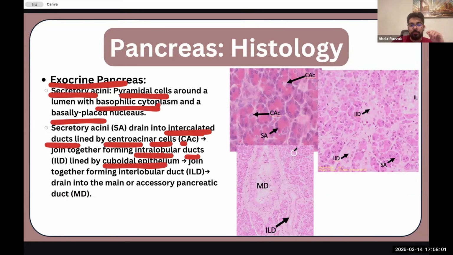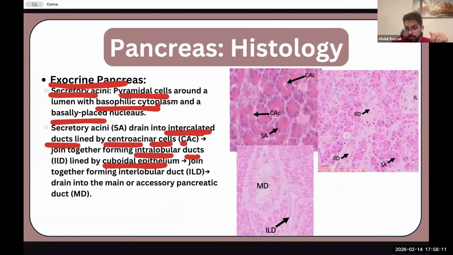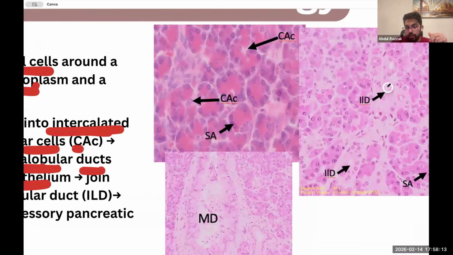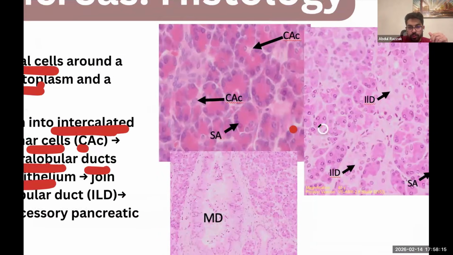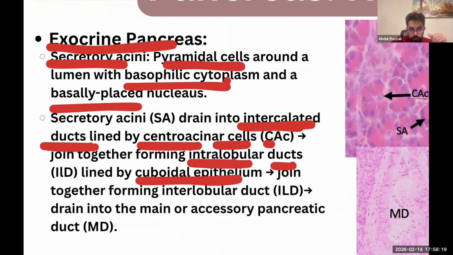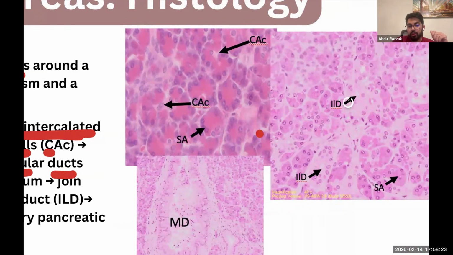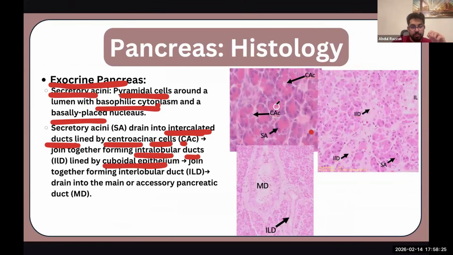This is when the epithelium is going to be a little bit larger than your usual secretory acini cells, okay? You can see them here as ILDs. Sorry, these are your intralobular ducts, okay? And they're a little bit larger than the intercalated ducts.